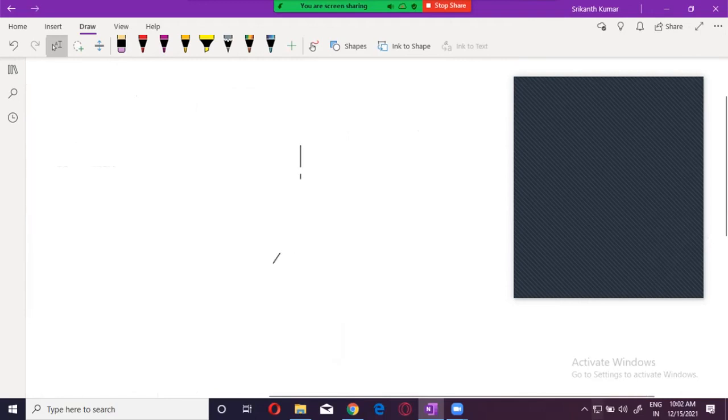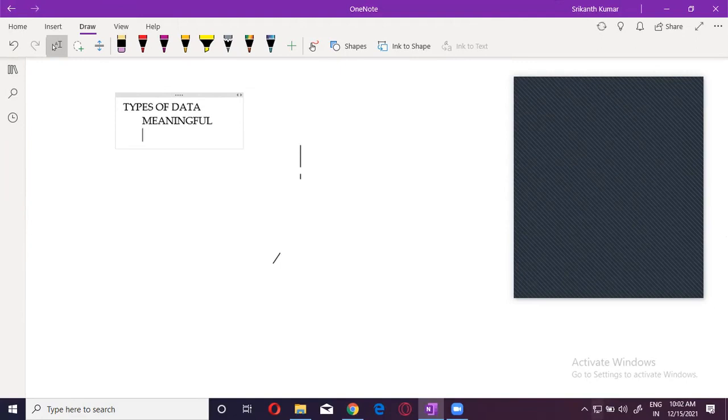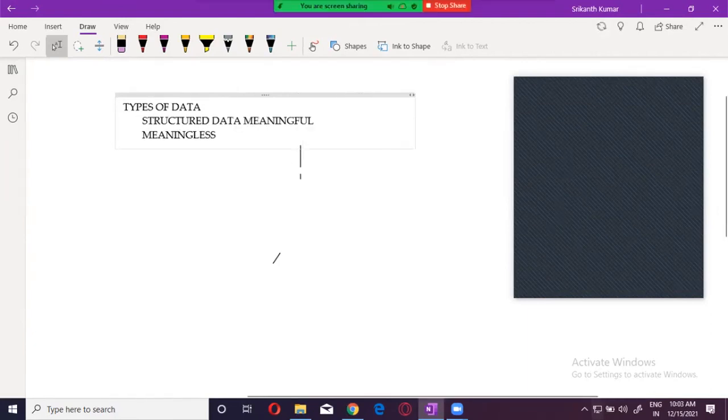Now let's classify this data broadly into two types. I will put it as types of data. One is meaningful, the second one is meaningless. Now this meaningful data is called structured data, or it is also called organized data.